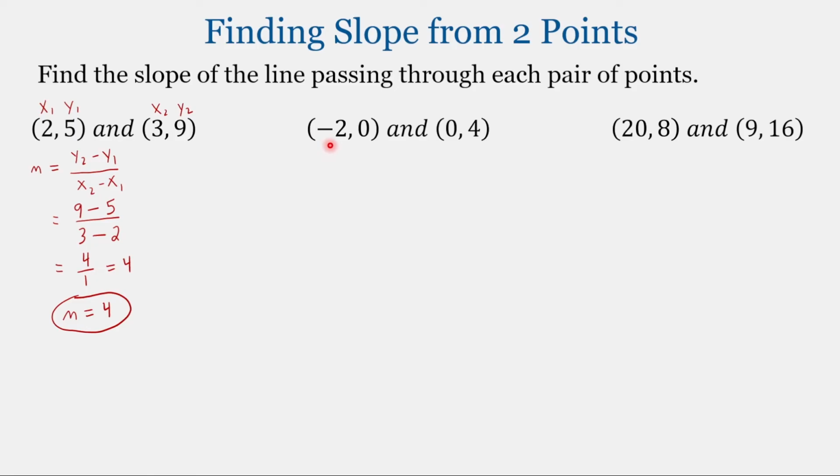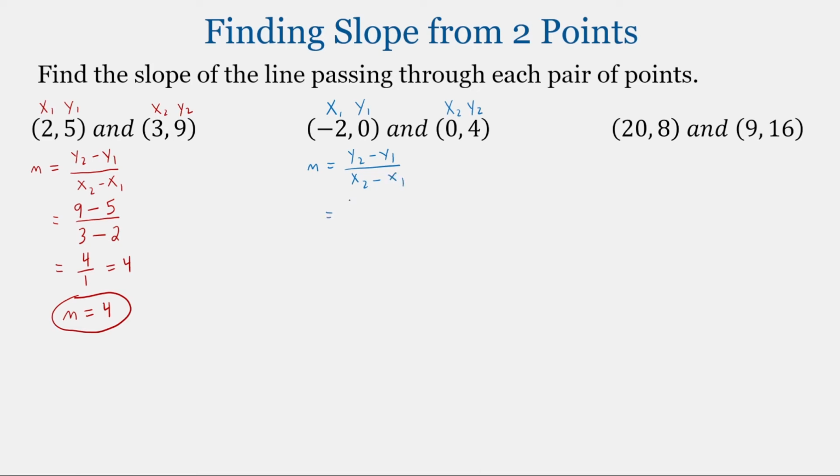Next, we have the points negative 2, 0 and 0, 4. Again, I'll label each of these coordinates. So this is x sub 1, this is y sub 1. And for the second point, we have x sub 2 and y sub 2. The formula for slope is m equal to y sub 2 minus y sub 1 all over x sub 2 minus x sub 1.